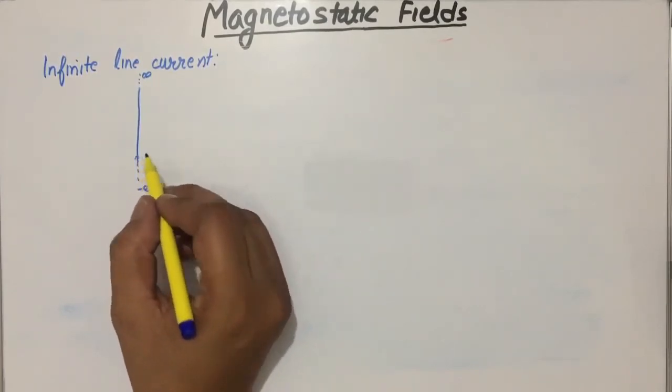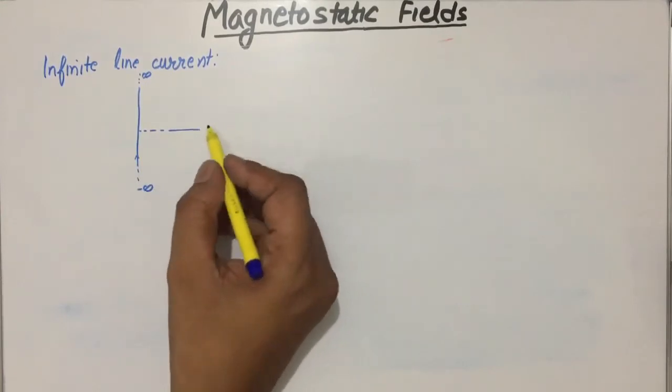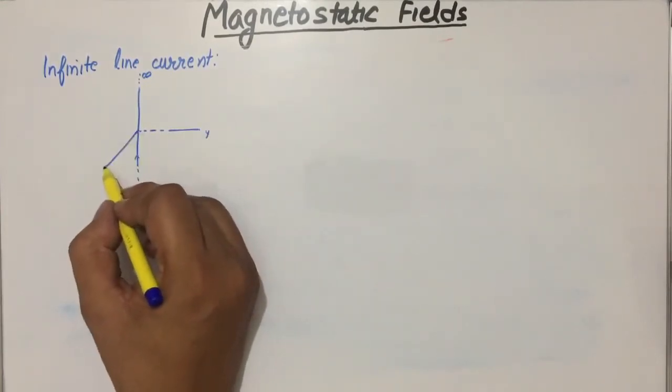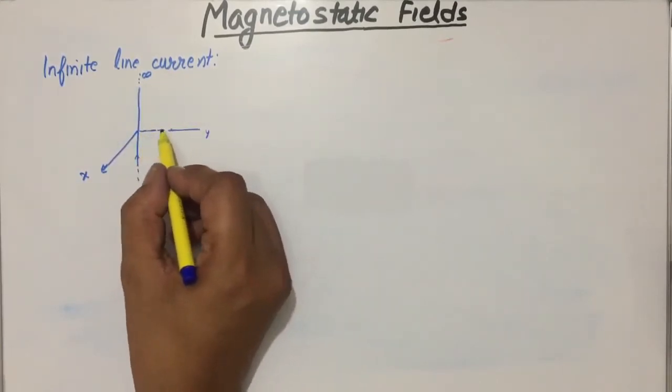The current is flowing in this direction, and assume this is y, x, and this is the z direction.